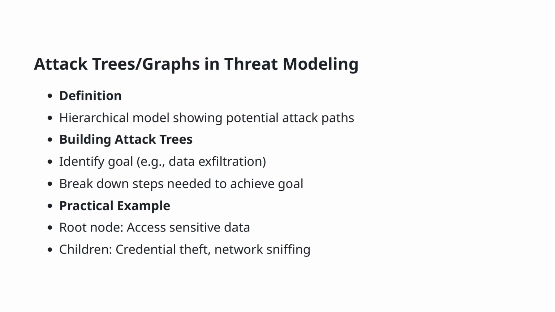From there, break down the necessary steps an attacker must take to reach that goal into child nodes. For example, if your root node is access sensitive data, potential child nodes could include credential theft and network sniffing. This method not only helps in outlining potential threats, but also assists in identifying where security measures can be effectively implemented to thwart such attacks.